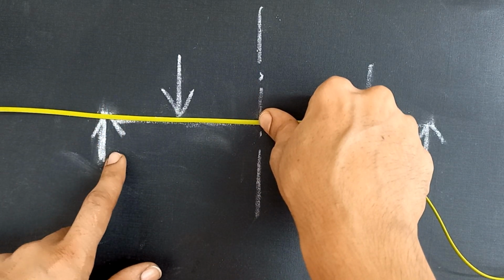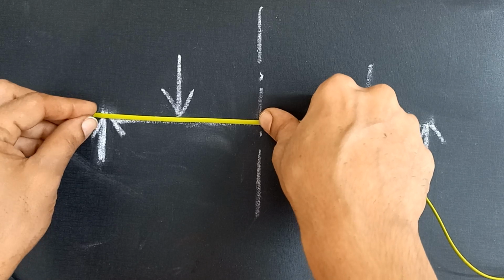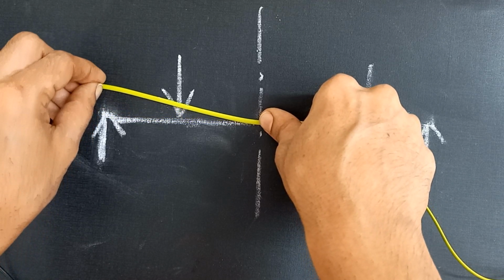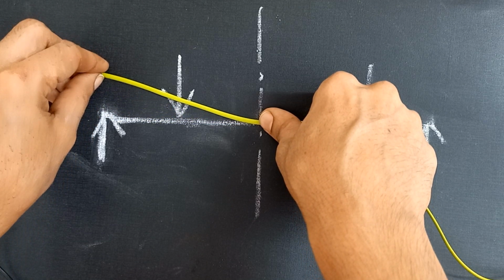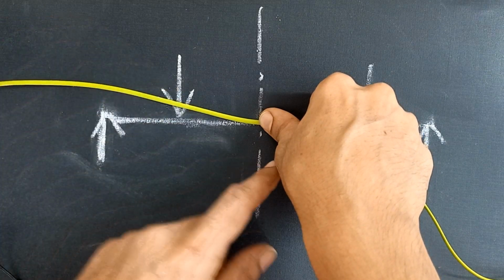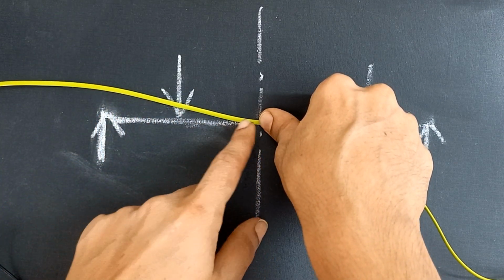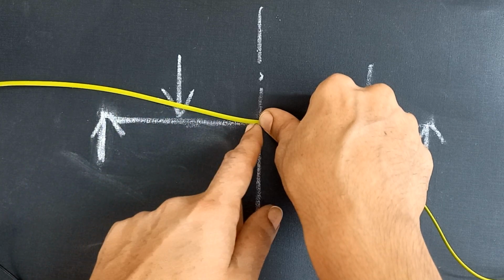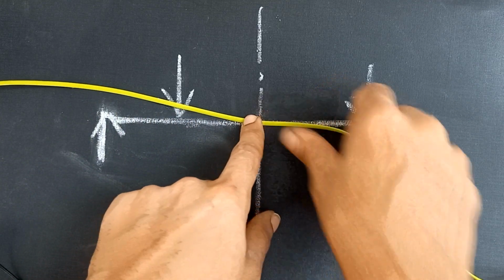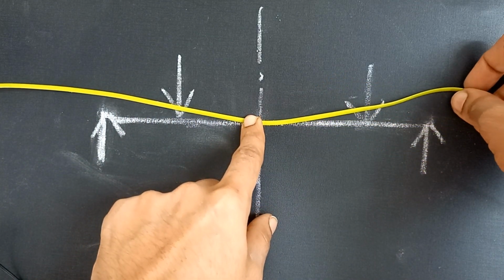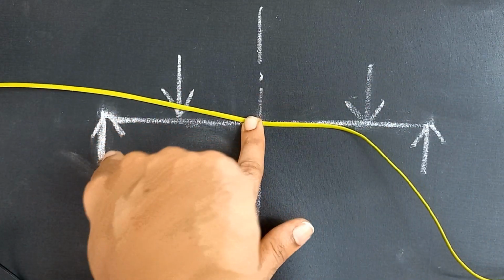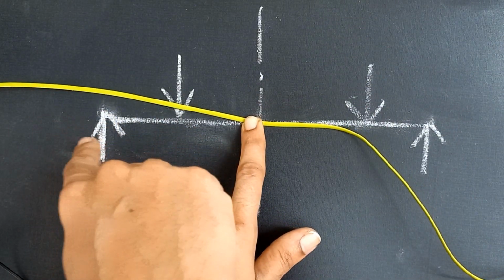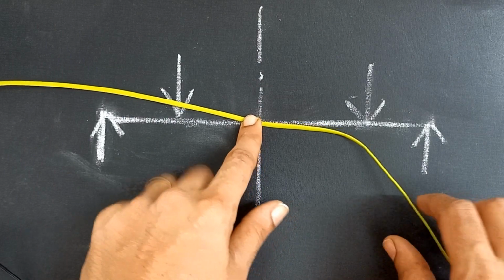So this force goes upward. See. So we will get a sagging effect here. So bending moment due to this force can be considered as positive.